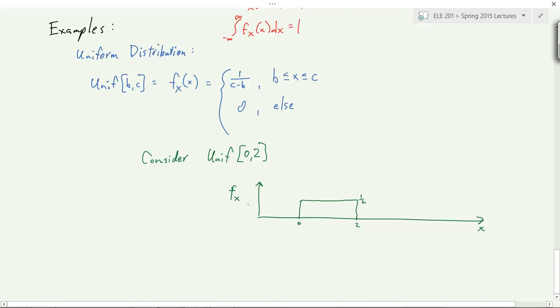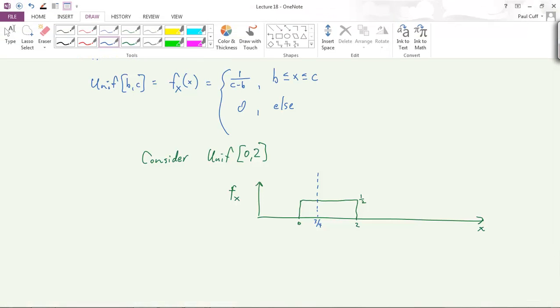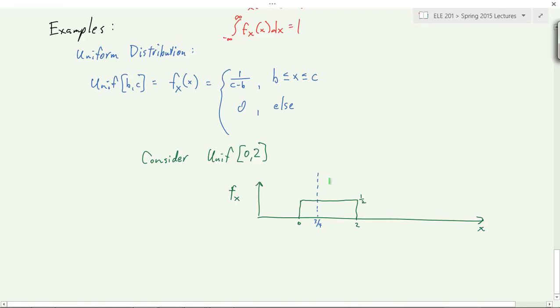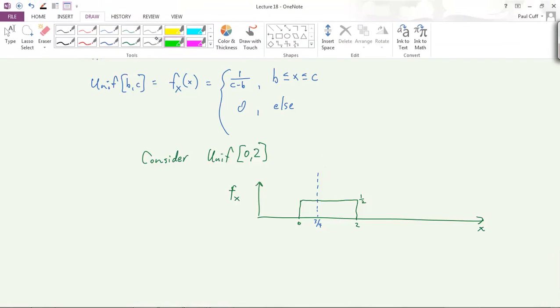Okay. So if we wanted to ask a question, what is the probability that this random variable is above, let's say, 3/4? All right, so what's the probability it's above 3/4? Well, that means we should be integrating on this side over here. I'm going to use another color.